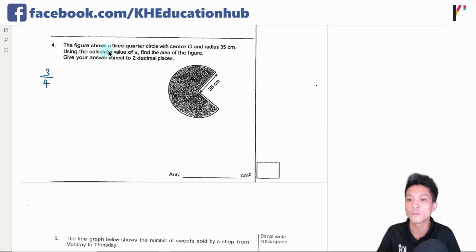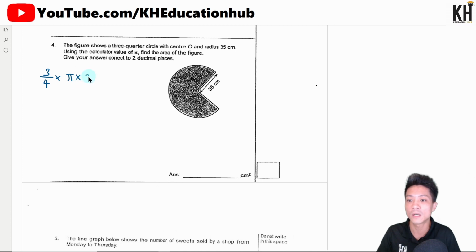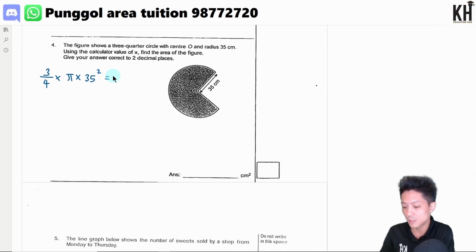For a 3/4 circle, the area is 3/4 times pi times r squared. So this gives me 3/4 times 35 squared times pi.